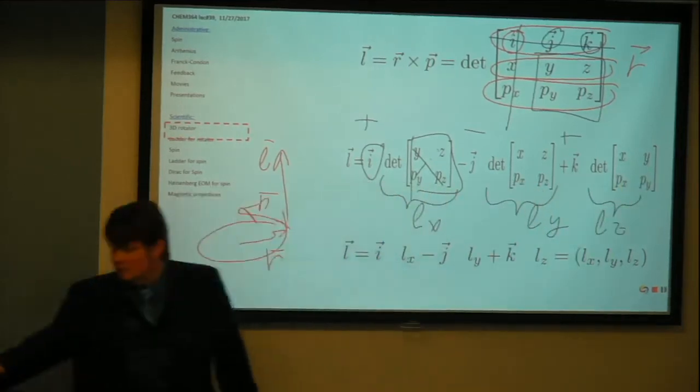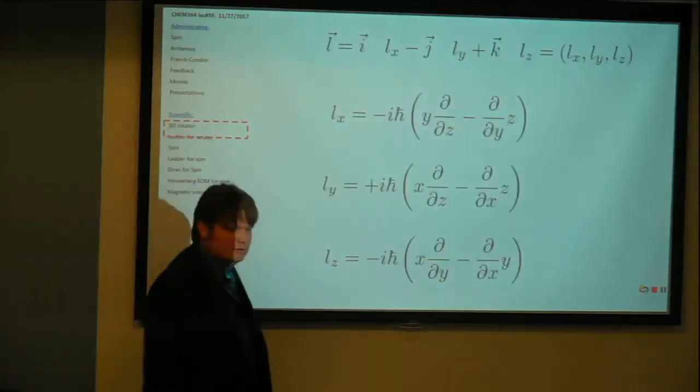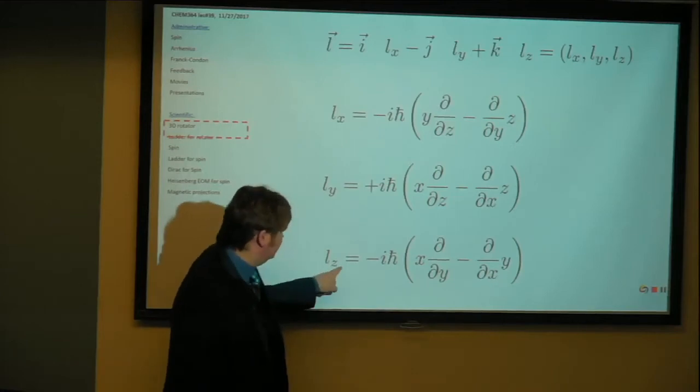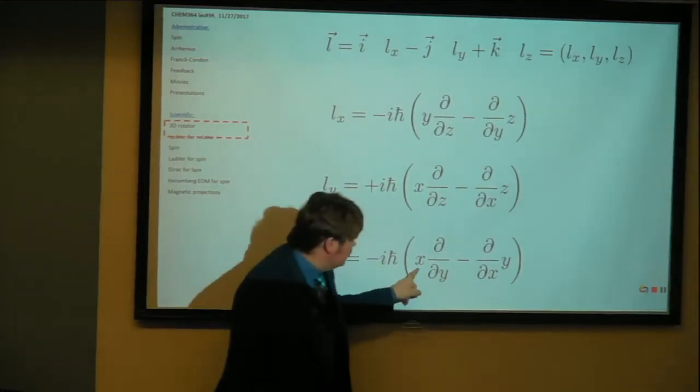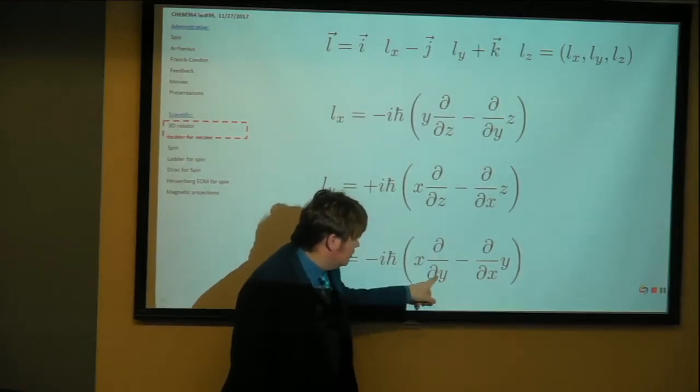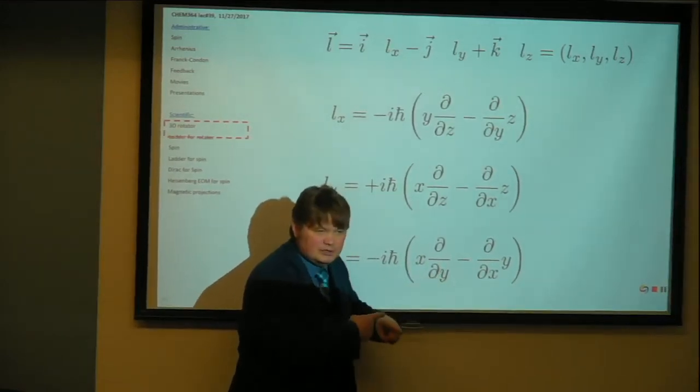Right? And if John plans to continue his choice in the project, L_z is a product of a one-dimensional operator of position and another one-dimensional operator of momentum, but they are in different dimensions.